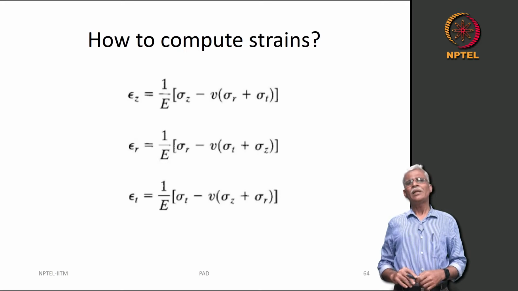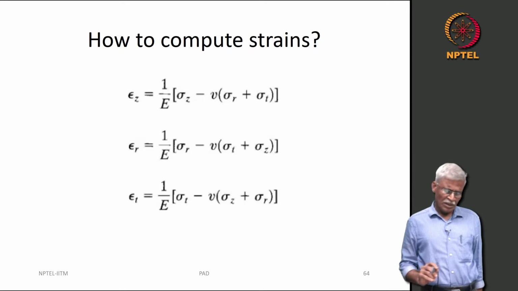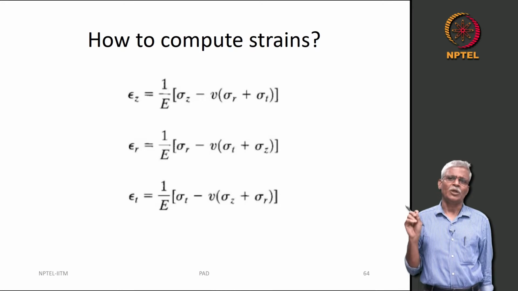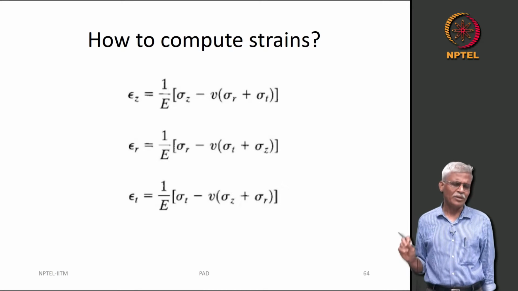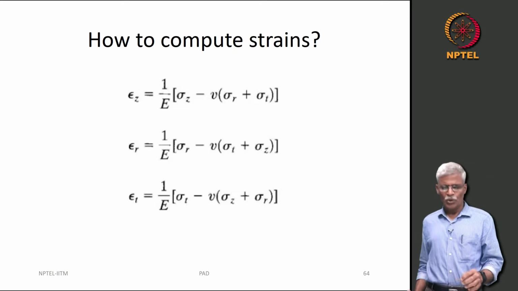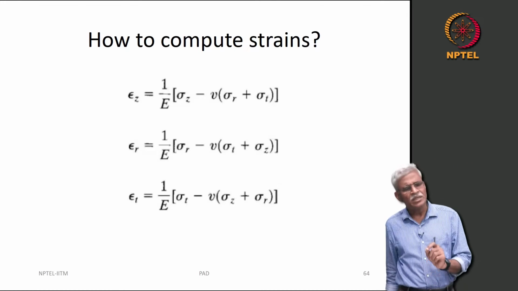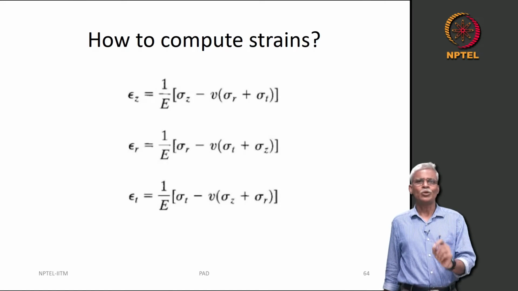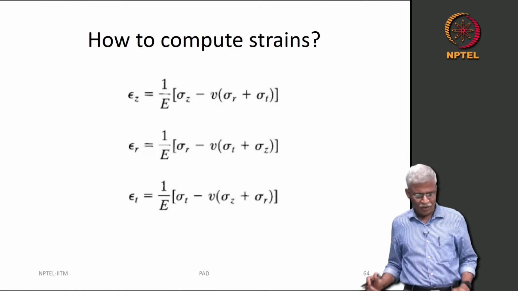how do we really compute the strains? It is a very simple formula that you must have learned already in your strength of materials. Though I have written these equations here for you, I strongly suggest that you should also write them on your own. Okay.